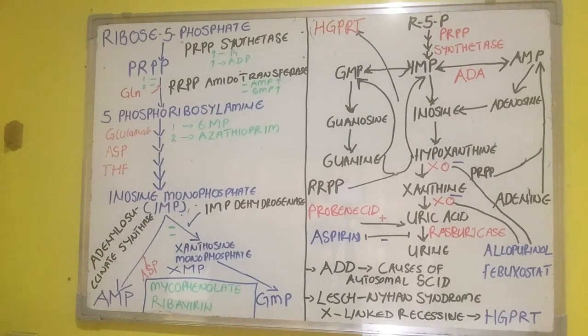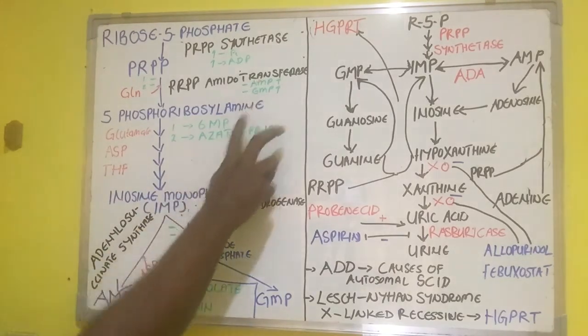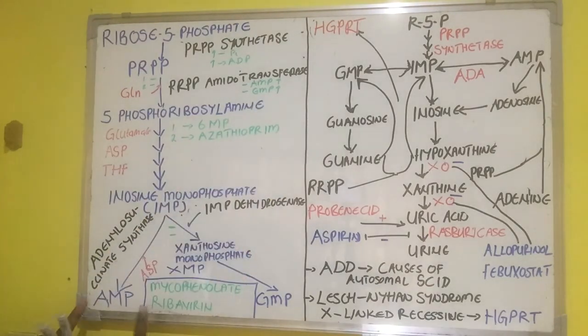The way the system works is because of homeostasis: if there is an excess amount of a particular element, the system has a way of shutting itself down.